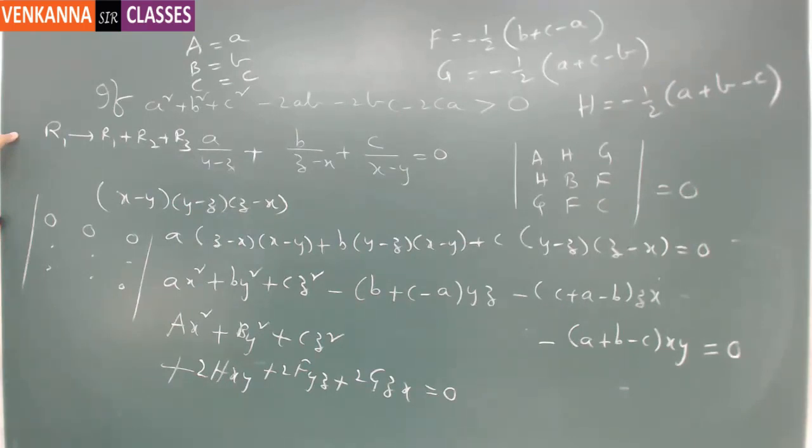Generally we decide which row will become 0, which row is to be added. So for the first row, if second and third rows are added, first row will become 0 completely. Second and third row will remain as it is. Since one row has become 0, determinant value is nothing but 0. Clear? Please check on that.